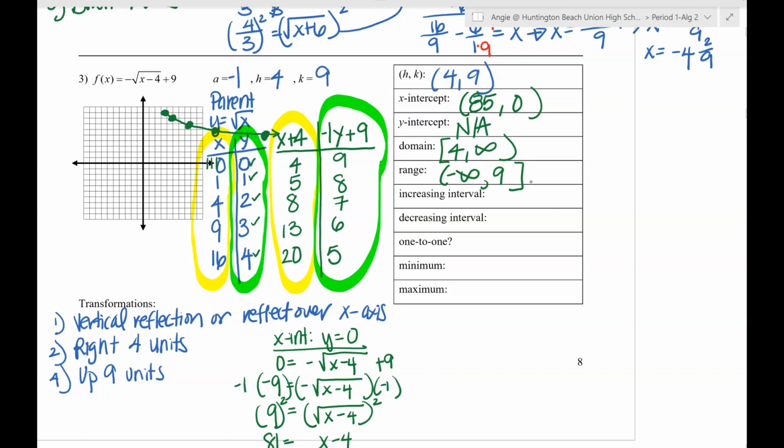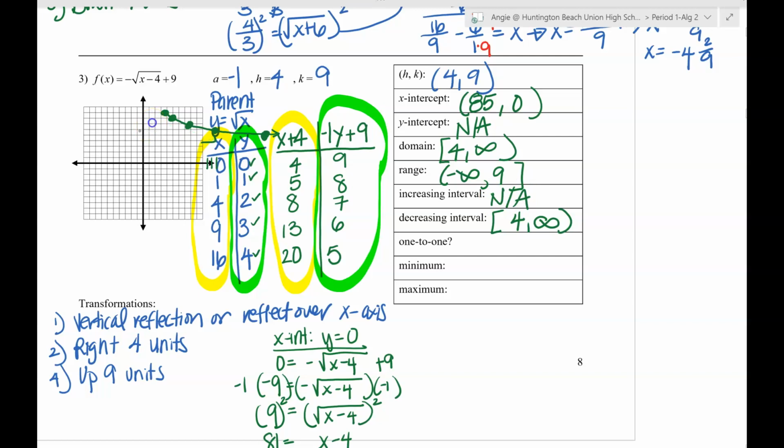We write it from small number, comma, bigger number when using interval notation. It is decreasing over the entire domain, which is 4, comma, infinity, because it's going downward. Because it's decreasing over the entire domain, you have nothing left for increasing.